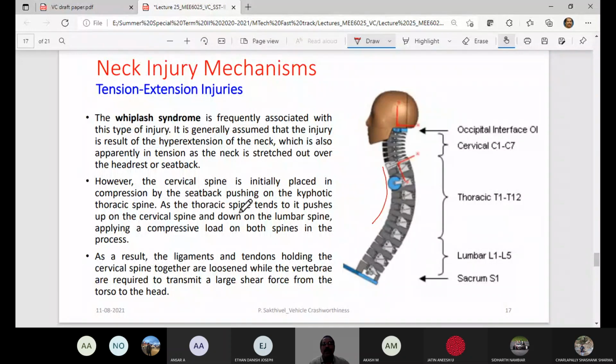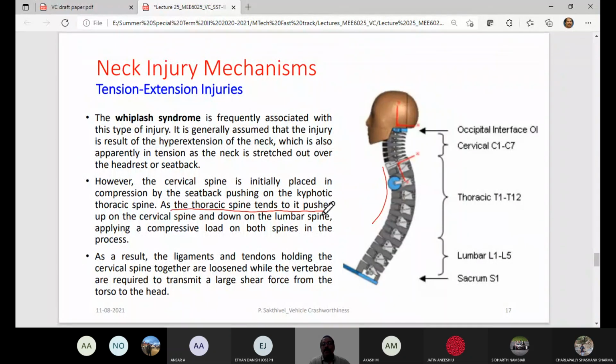That's what is given here. As the thoracic spine straightens, it pushes up the cervical spine and down the lumbar spine, applying a compressive load on both spines in the process. So on both sides it is going to give compression.